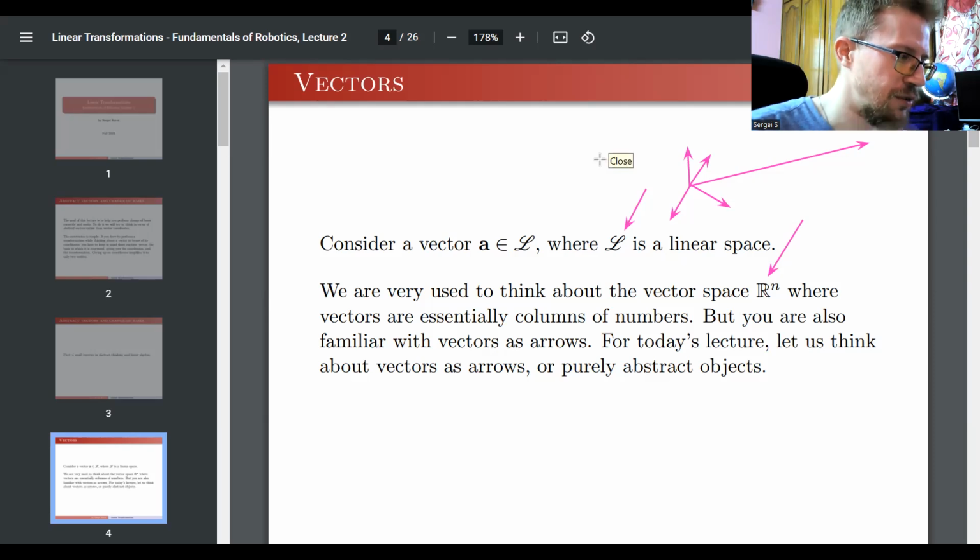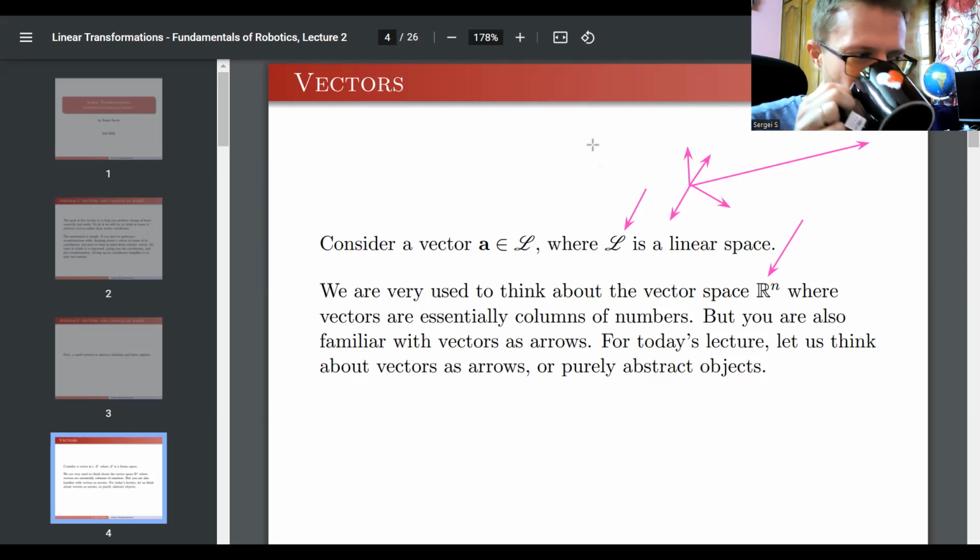Sorry, Professor. I just want to tell some example of linear space. Yeah, please. For example, real numbers over rational numbers. Is it a linear space? Yeah. Rational numbers over real? Oh, sorry, it's not a linear space.